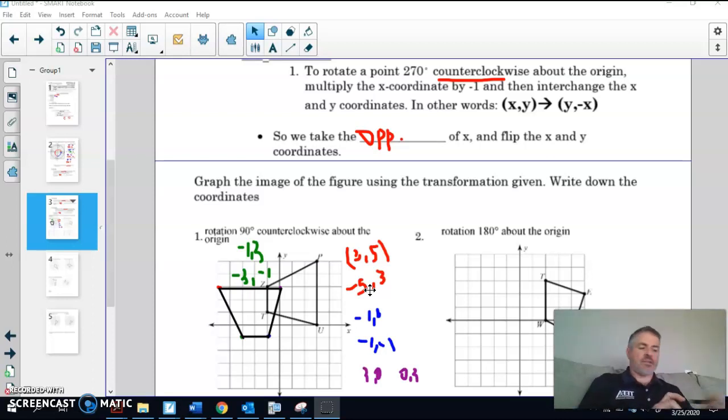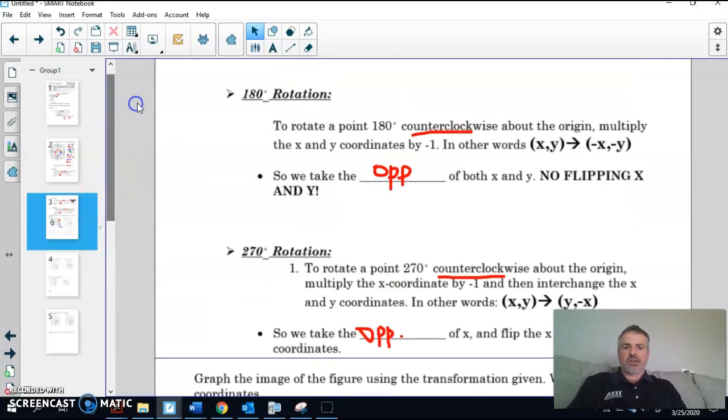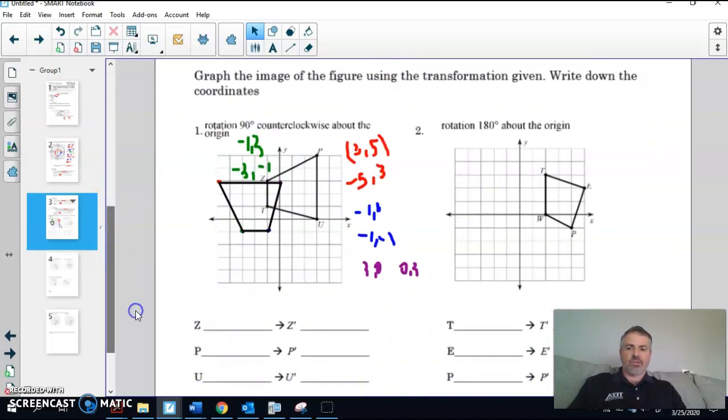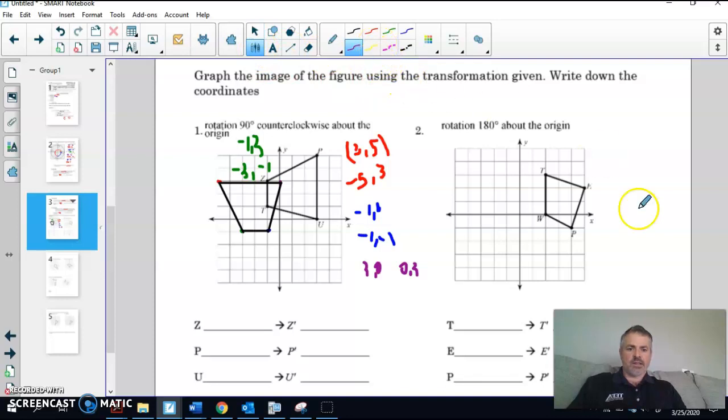Looking down here at this next one, I've got this 180 degree rotation at number 2. Remember, for 180 degree rotations you just change the sign. There's no flipping of X and Y, you're just going to make them opposite. So if I am at point T, it looks to be at 2, 3 for the pre-image.